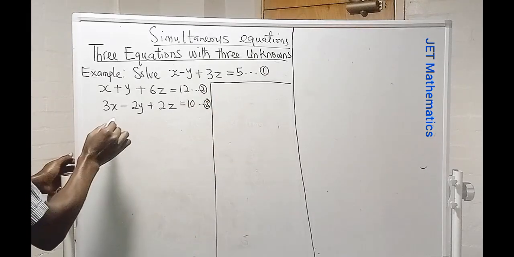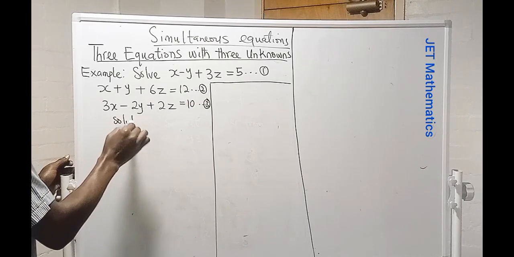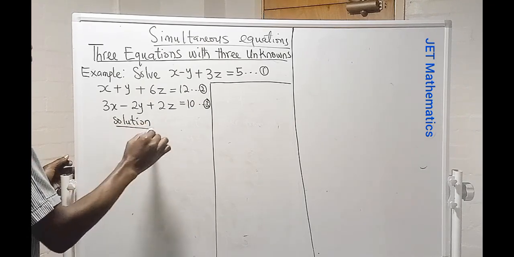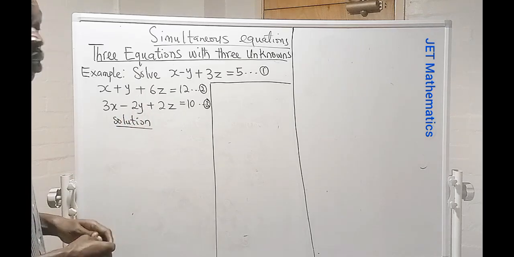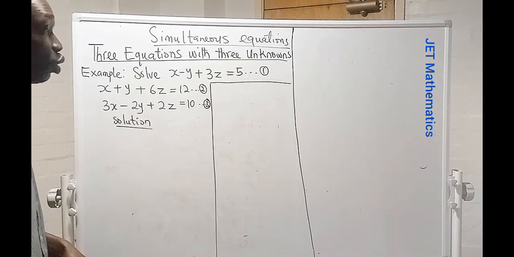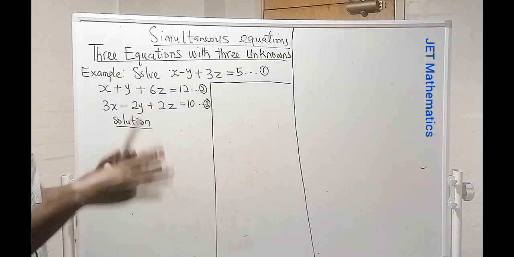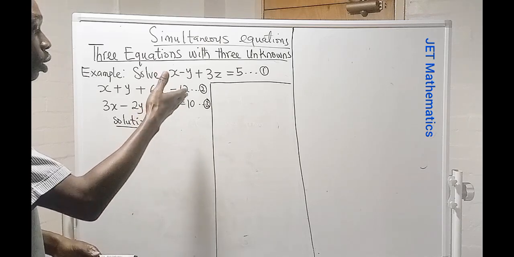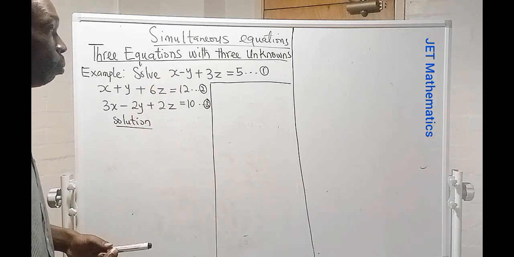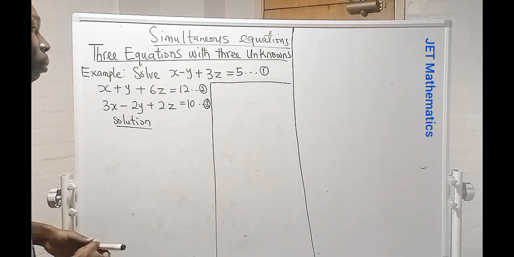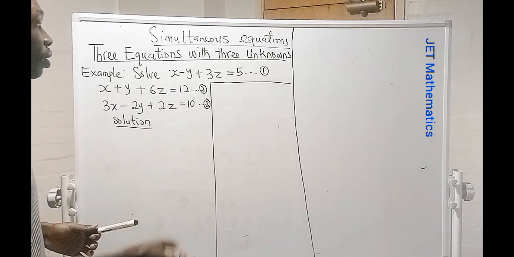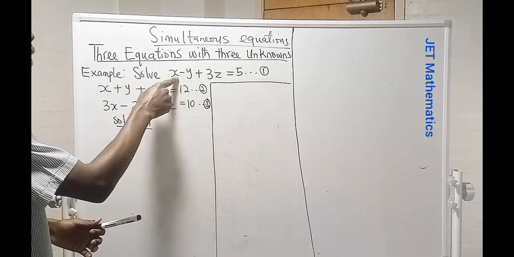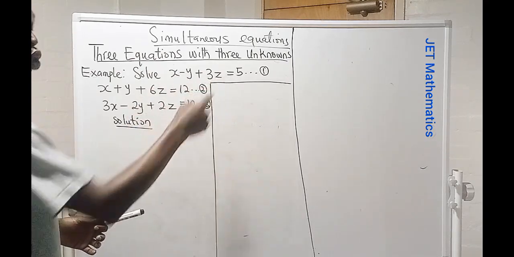We are solving this analytically. Maybe in subsequent videos we'll use Cramer's rule or the determinant method to solve this problem. But now we'll just go straight. First, we're going to make x the subject from equation 1.